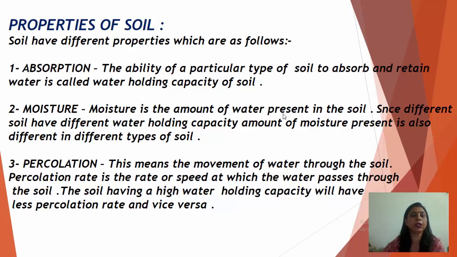The third property is percolation. This means the movement of water through the soil. Percolation rate is the rate or speed at which the water passes through the soil.